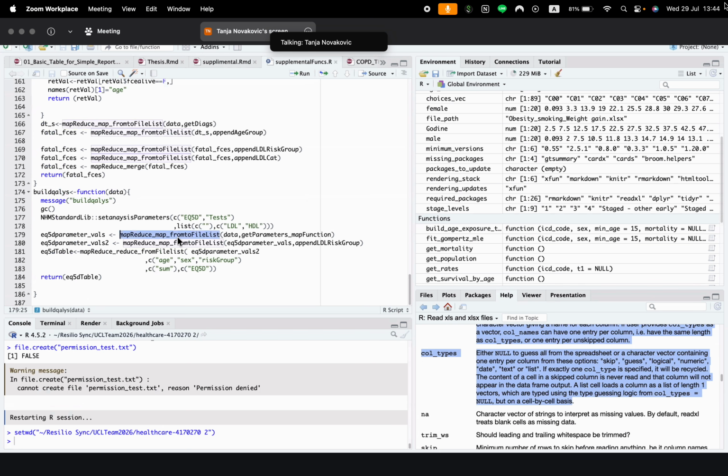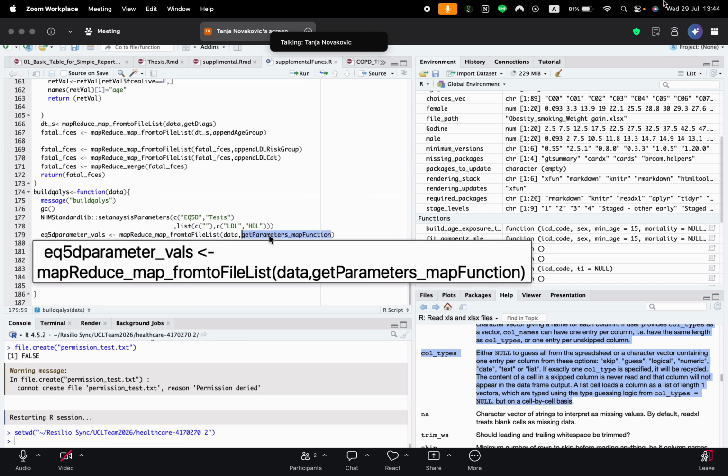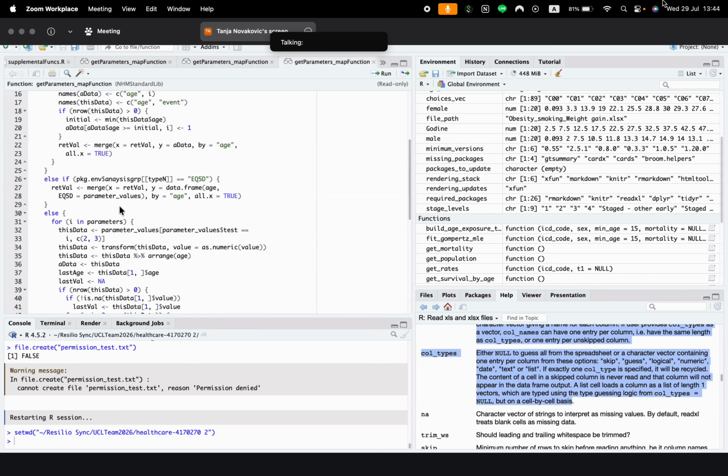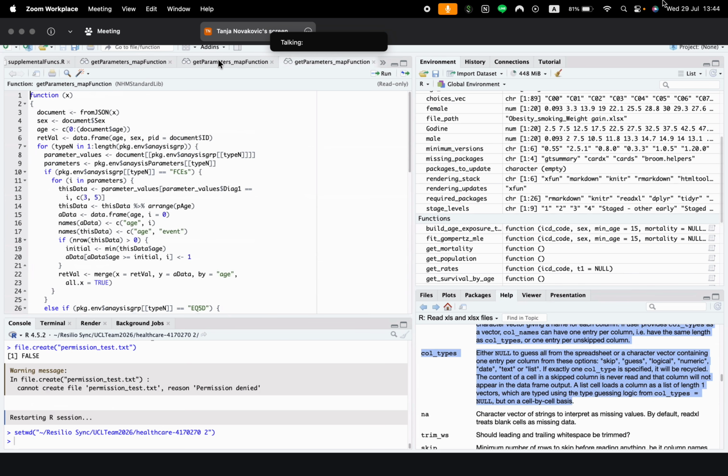Right. So this is doing it on a get parameter. I don't know if I can open that. Yes. I have two of them open apparently. I only want one. Why have it opened three?